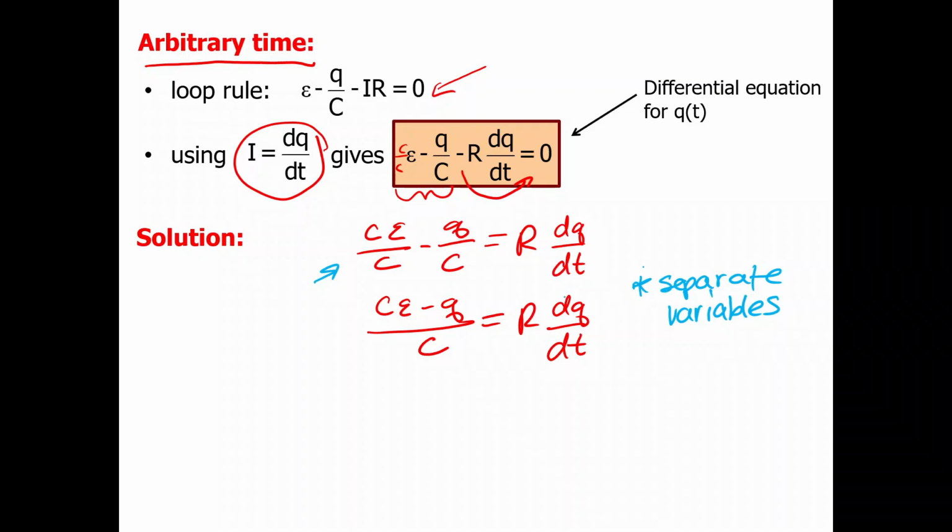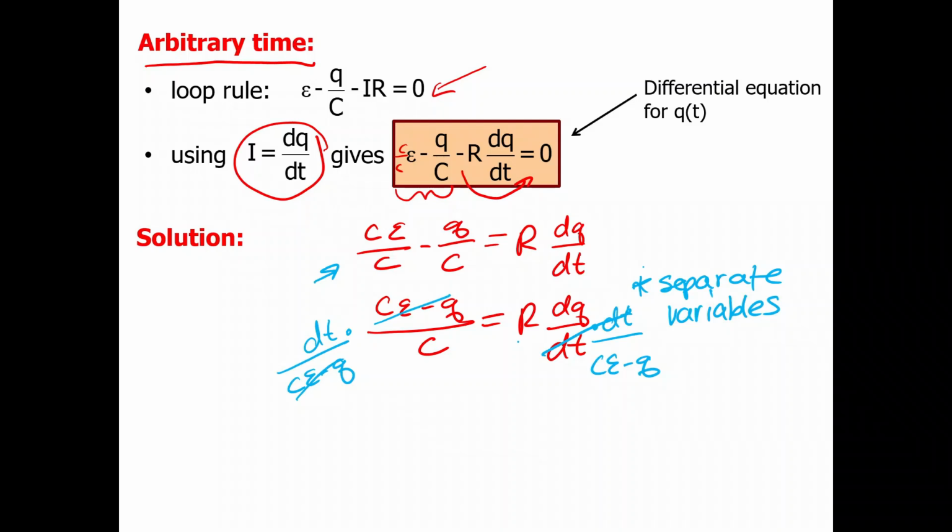I need my dq to be on top, and I also need a dt to be on top. So I'm going to multiply the dt to the other on both sides. So that's going to cancel it from here. And then I'm going to divide the CE minus Q to the other side. So that'll cancel that one over here.